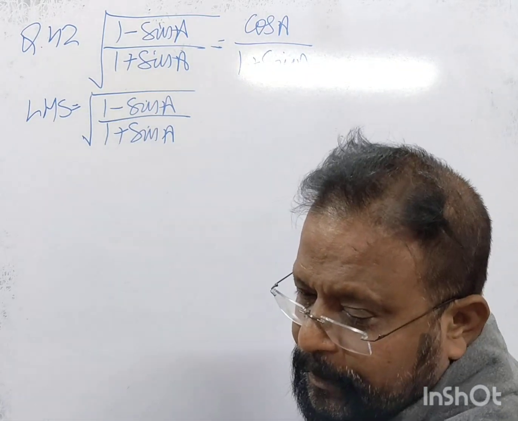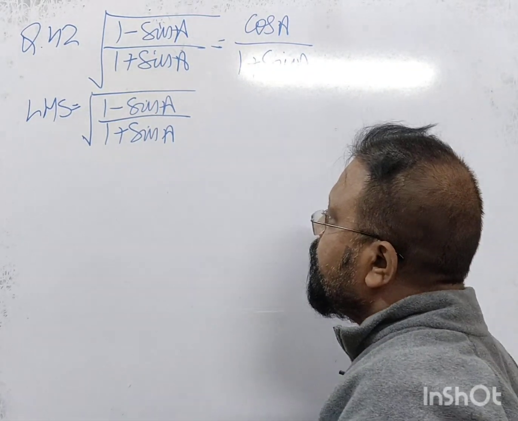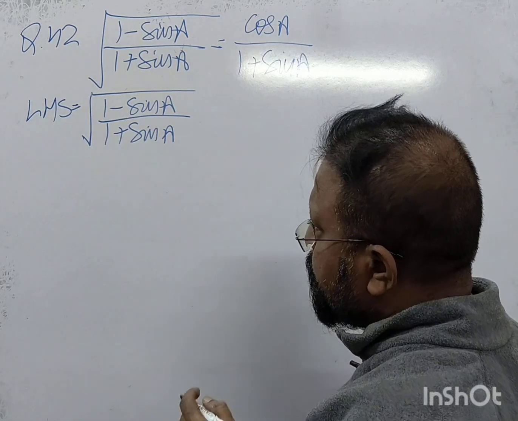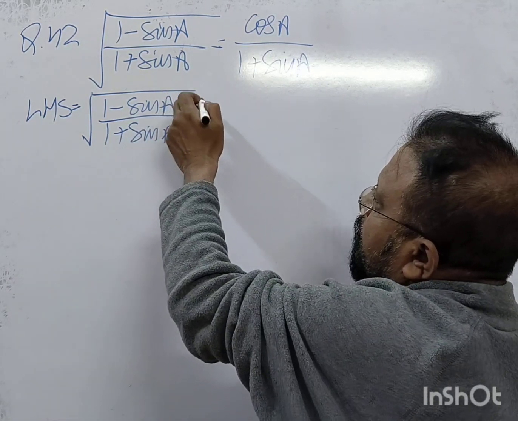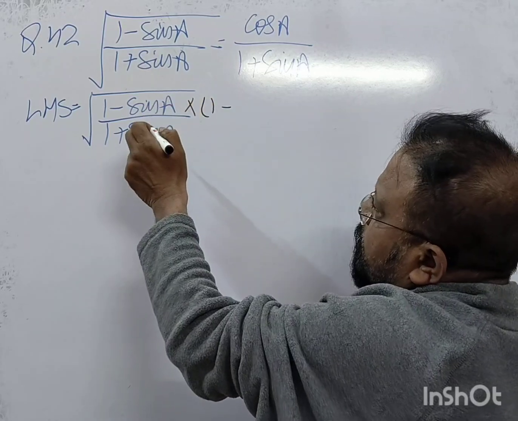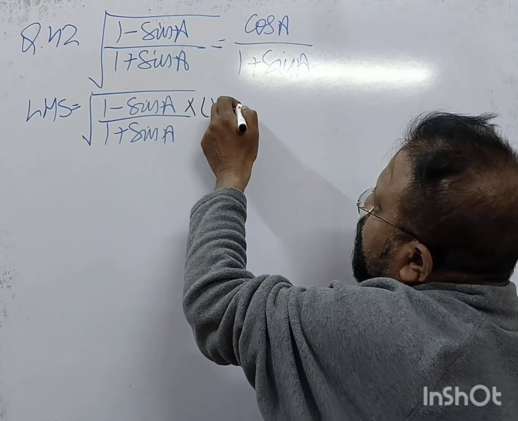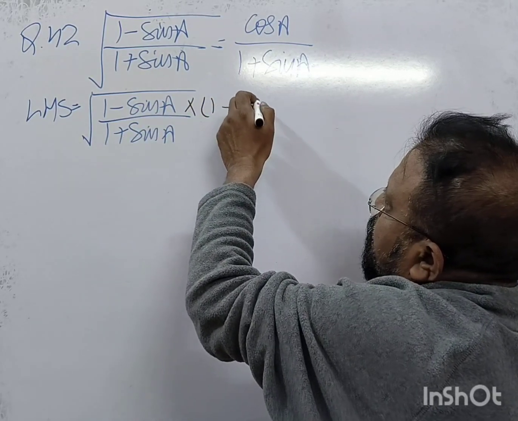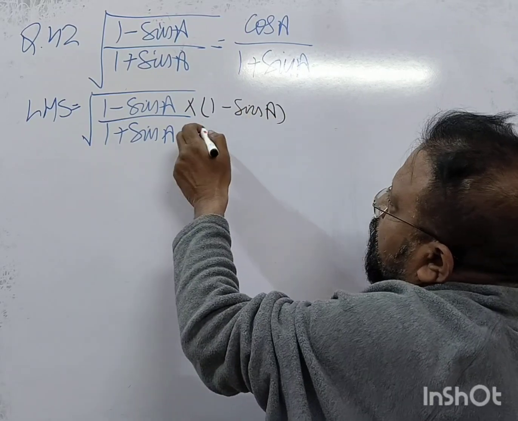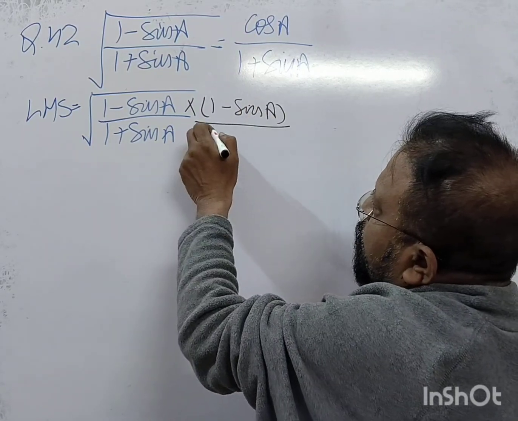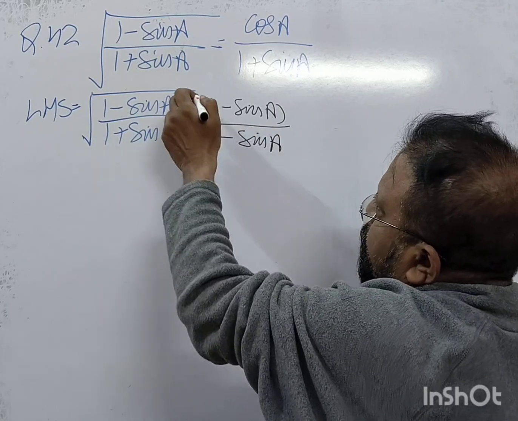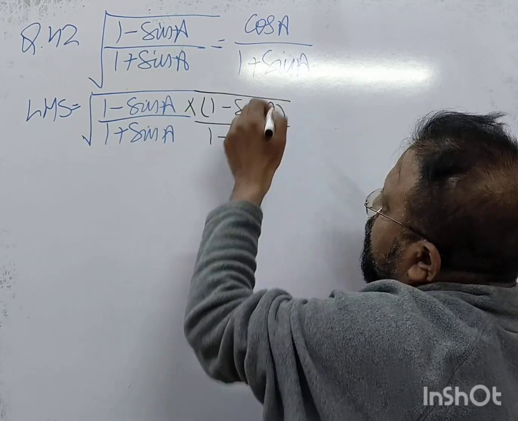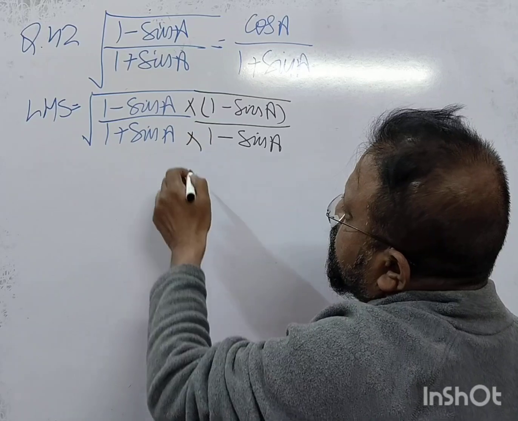When we rationalize the denominator, we multiply by 1 minus sine A upon 1 minus sine A. Right? This is like this.